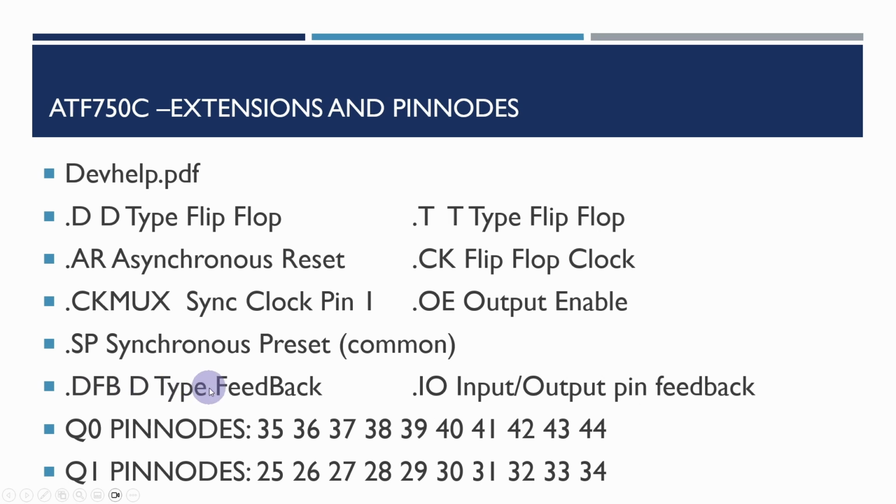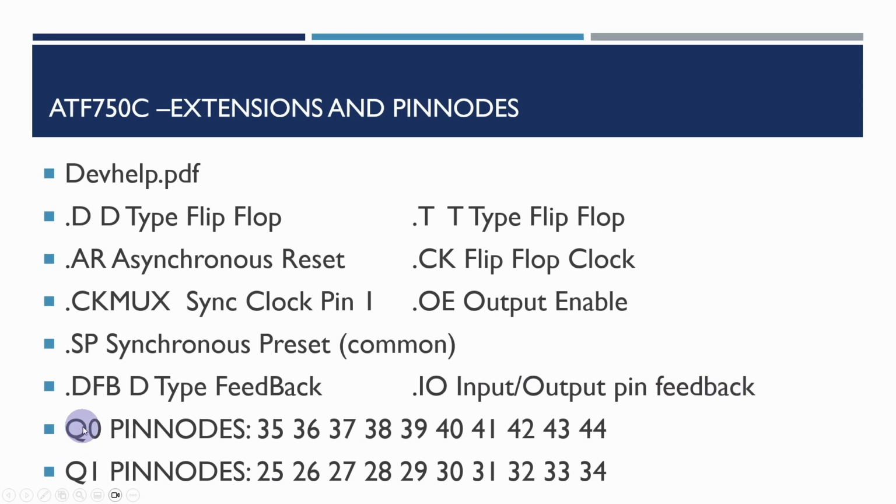DFB is D-type feedback, but this is only really used when you're not having the output of the register going to the outside pin. It's for when it's a combinatorial mode, but you can still get the feedback from the register. And the input-output pin feedback, again similarly, there's circumstances when you may need to use that in registered mode.